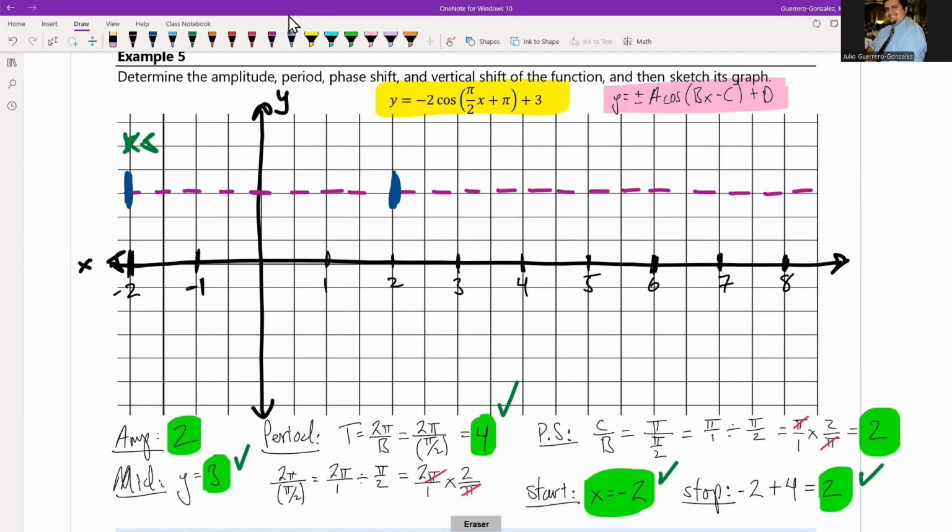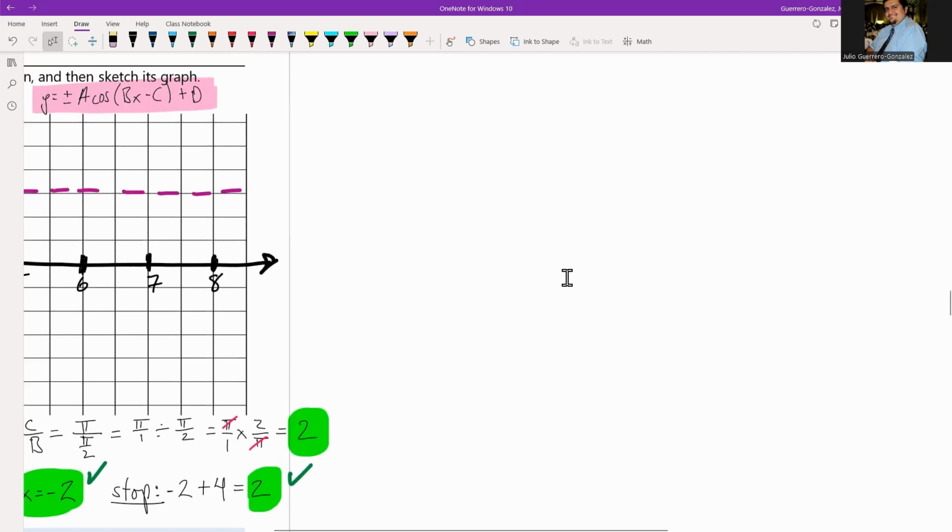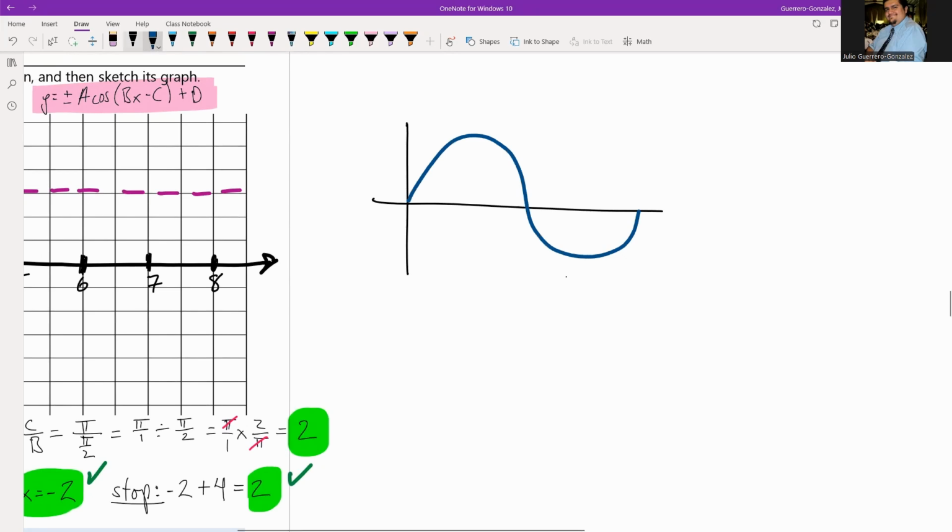Now all that's left is for us to slap down the actual graph itself, okay? So you guys remember those 5 points? There were 5 points. And I'm going to scroll over to the right here, just so I can show you guys what 5 points I'm talking about. For sine, it was squiggle, right? And then for cosine, it was Karate Kid.